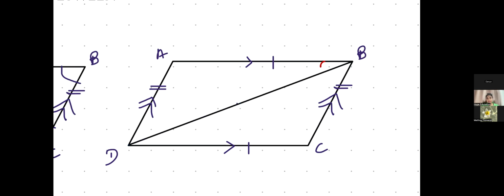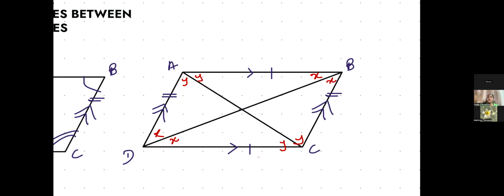Like let's say this is x, then this will be x. So this is x, this will also be x. If I draw another diagonal, same thing. Let's say this is y, here also y. Right? So the corner angles are divided into 2 equal parts. That's what we say bisected when you draw diagonals.